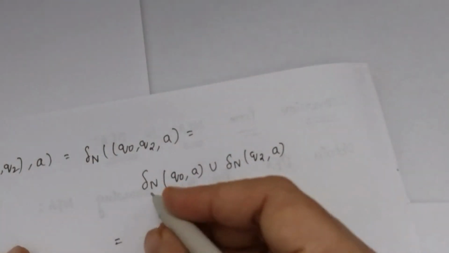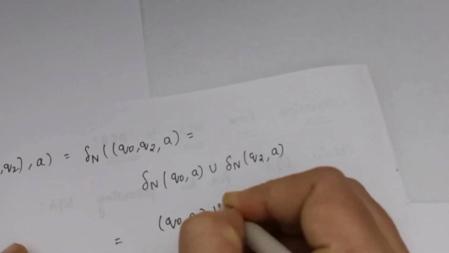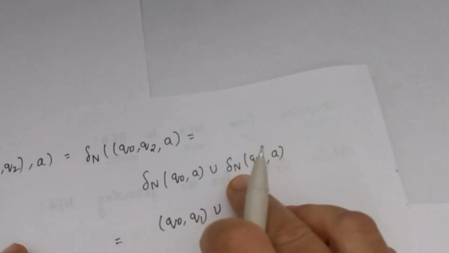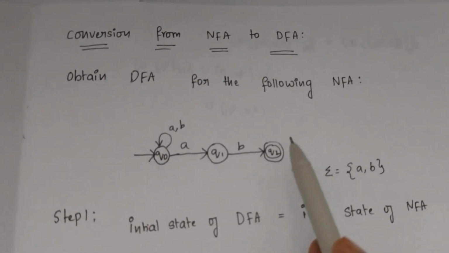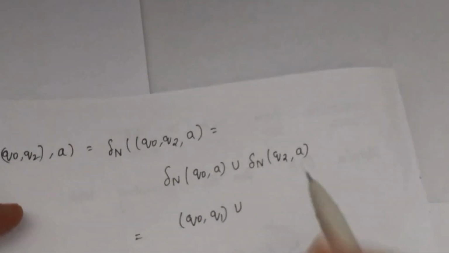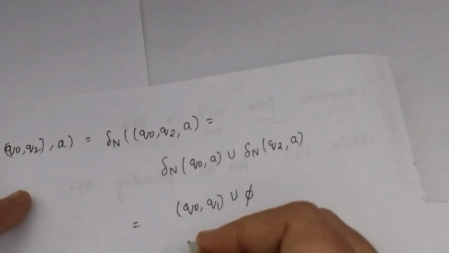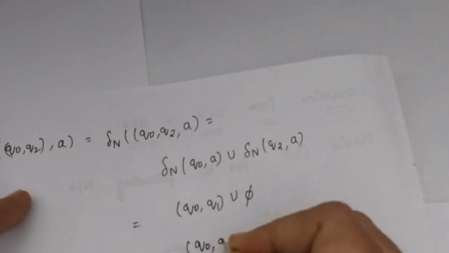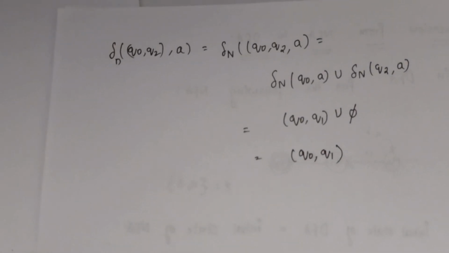Right? So we will write Q0, Q1 union delta N of Q2 on A in NFA. There is no transition from Q2 on A. Hence it is null, the null state. So the combination of Q0, Q1 union null is Q0, Q1. Okay. This is for delta D of Q0, Q2 on A.